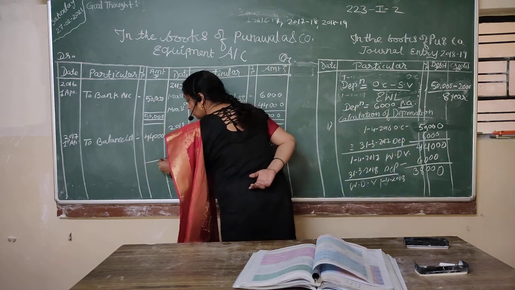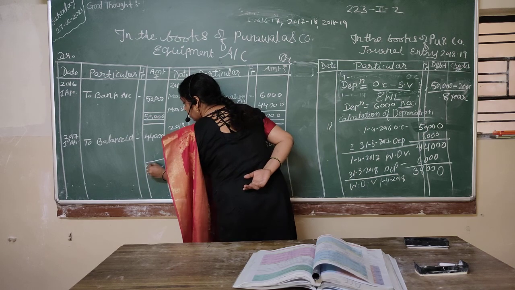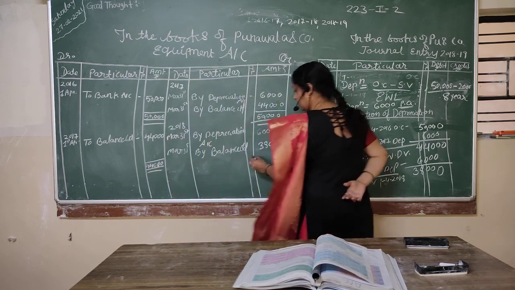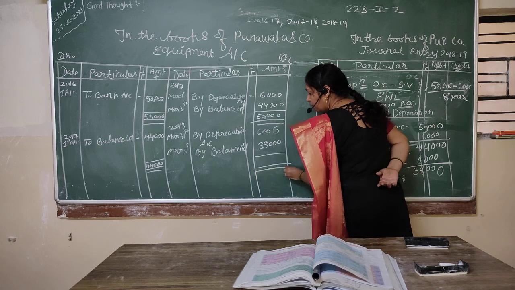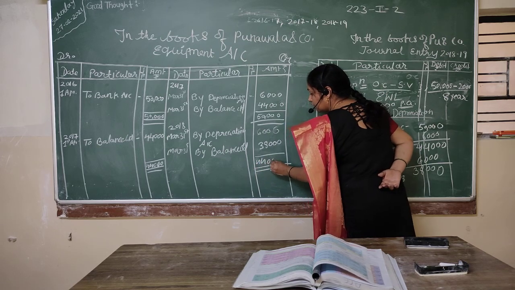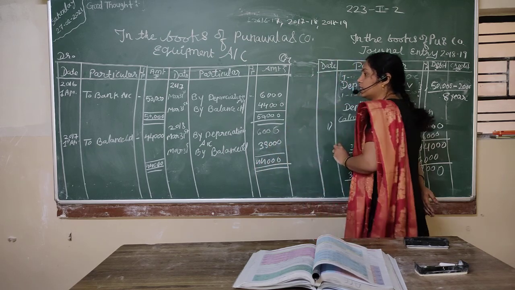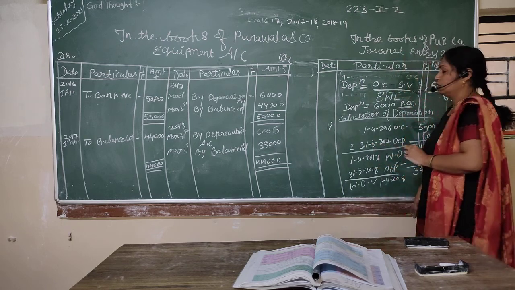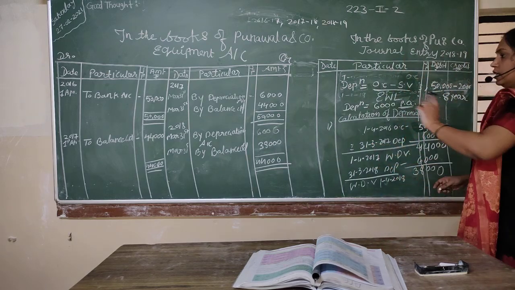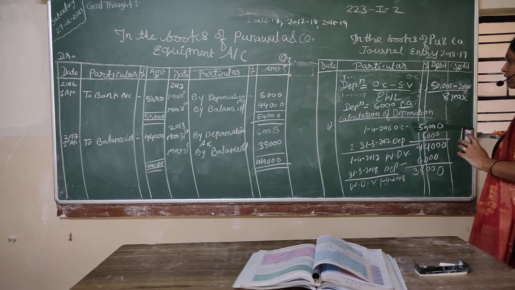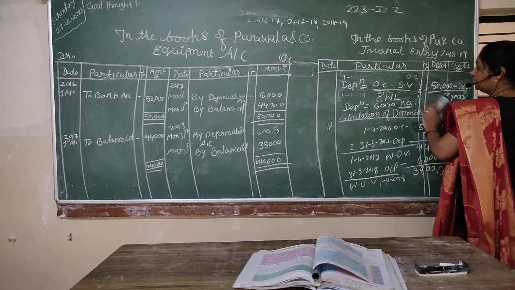The higher total will be written on both sides, 44,000 here, 44,000. 44 minus 6 is 38,000. Students, hope you understood all the steps so far, and we will proceed with the 3rd year.